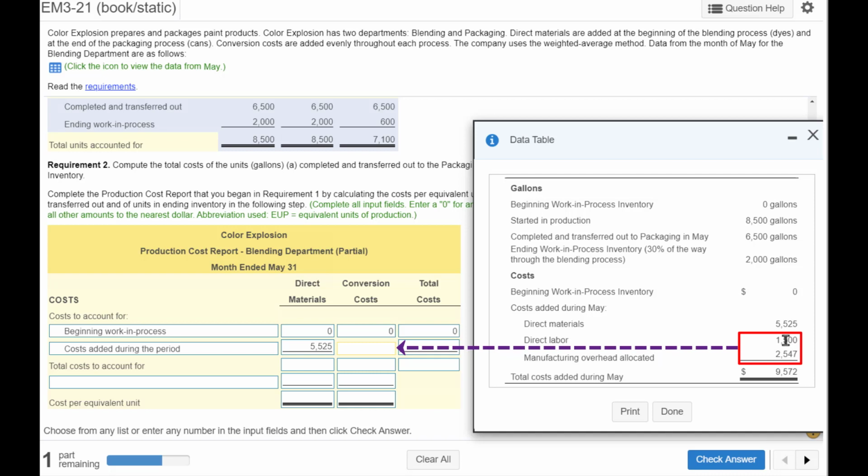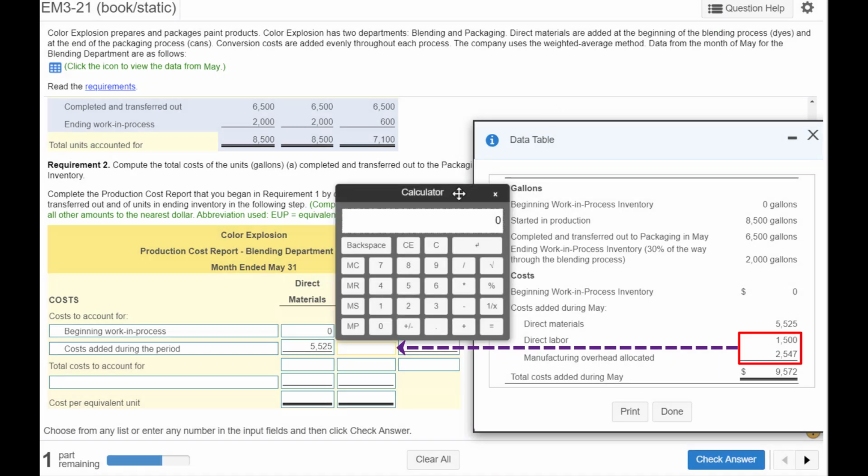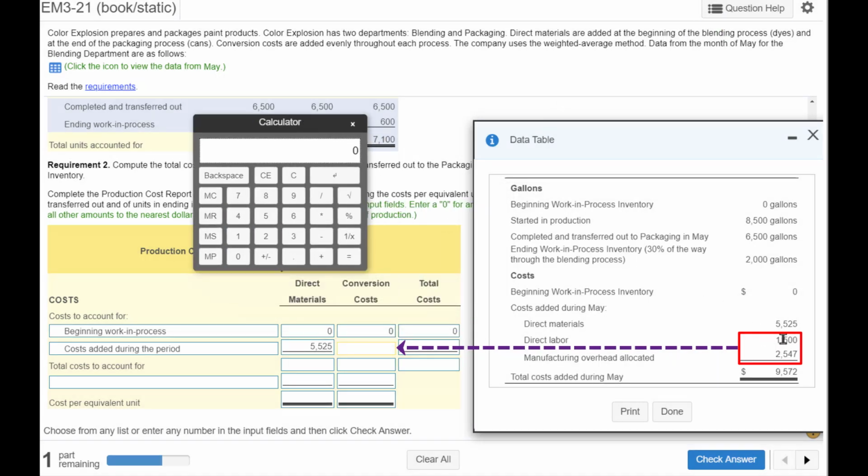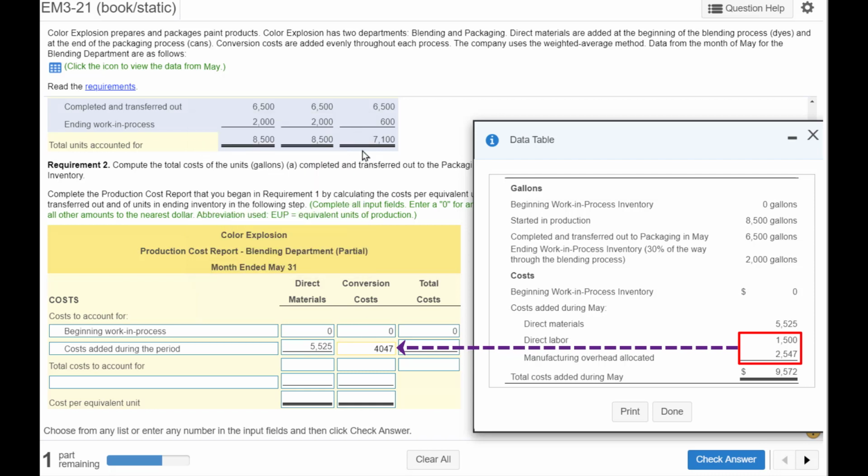So we're going to take 1,500 plus 25.47, which gives us $4,047 of conversion costs to account for.